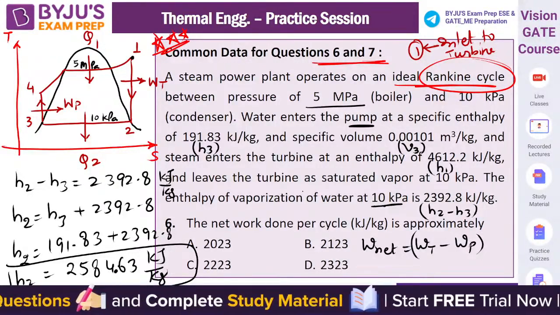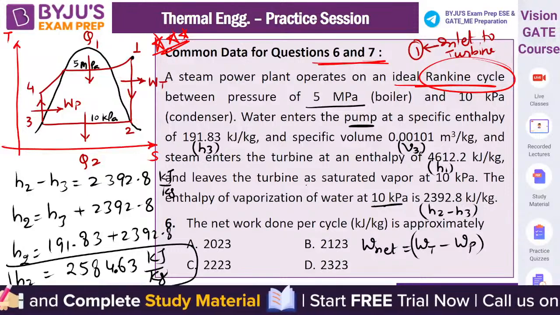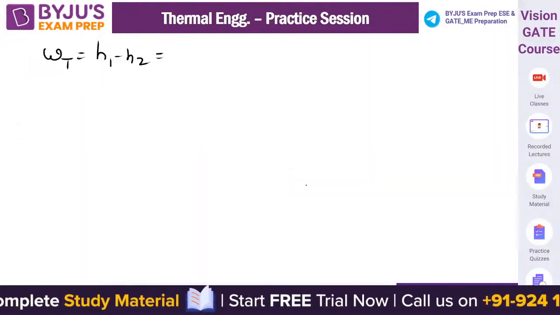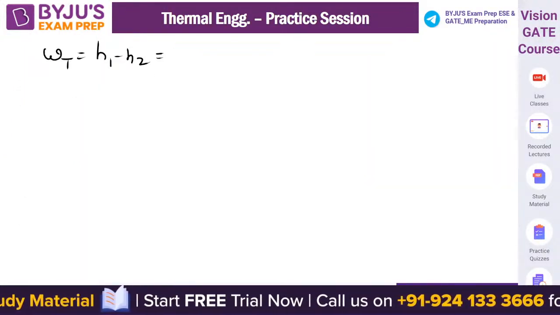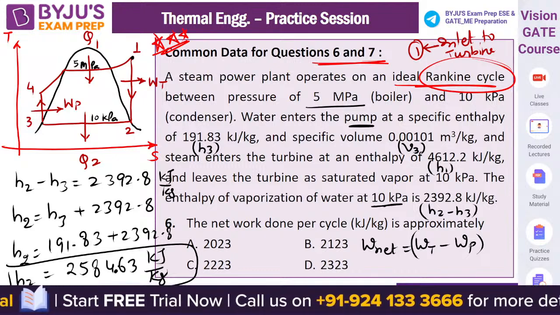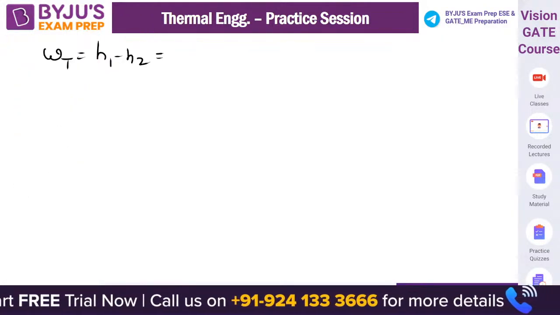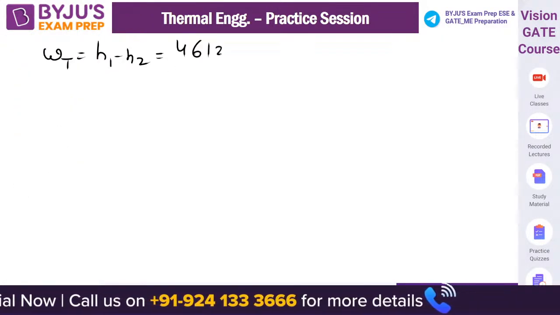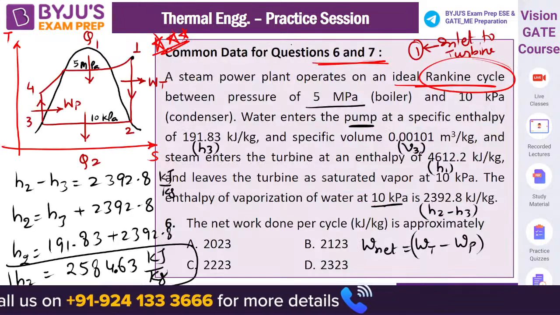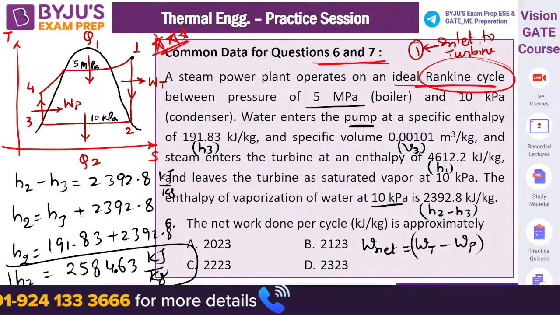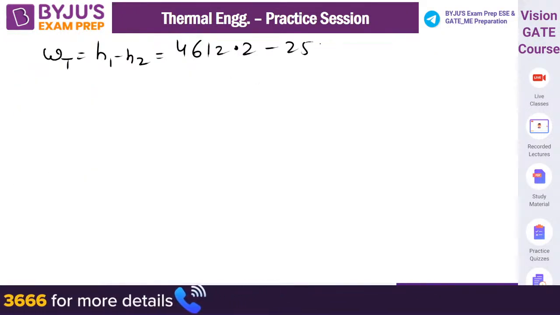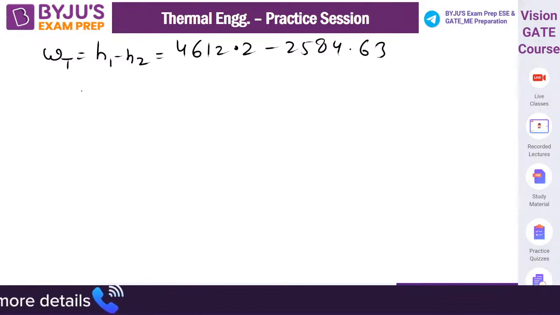And how to calculate H4? Do we require H4? So H1 minus H2 will be equal to, H1 is 4612.2 minus 2584.63. That is the turbine work, kilojoule per kg, WT.